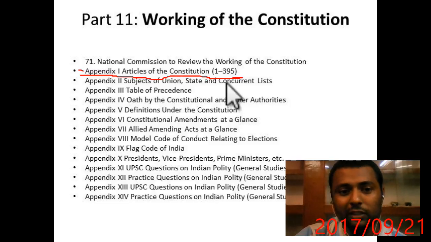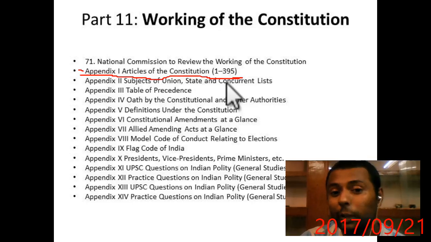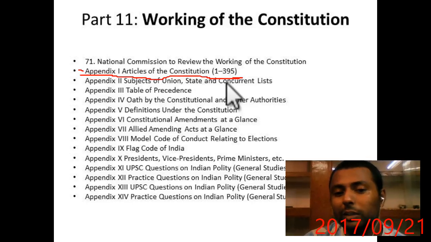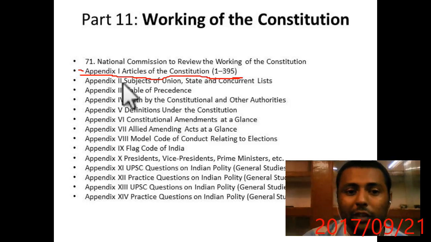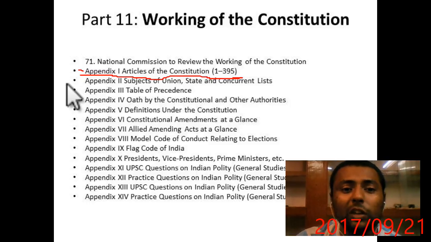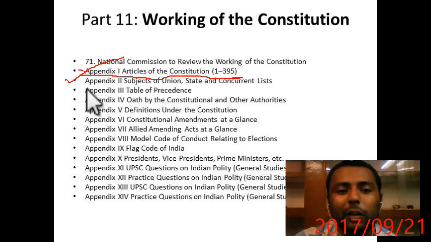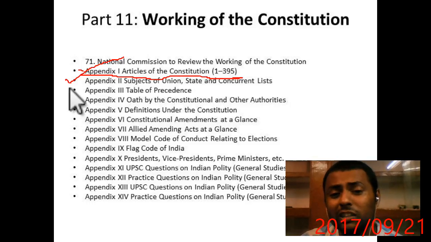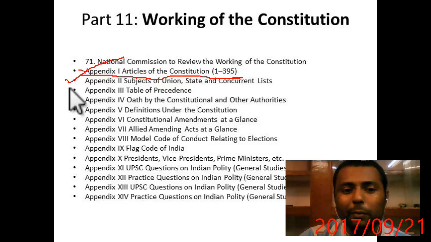Read all the articles of DPSP, fundamental rights, and fundamental duties. After that, subjects of union, state and concurrent lists, very, very, very important. Table of precedence, just remember the important precedence, like Chief Justice of India, President, Prime Minister, not more than that.